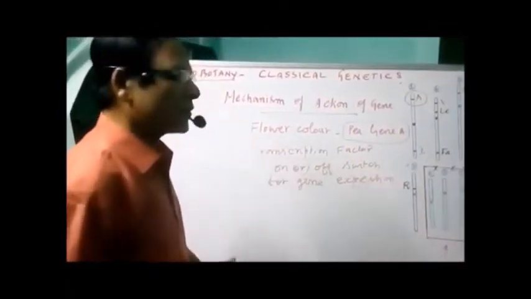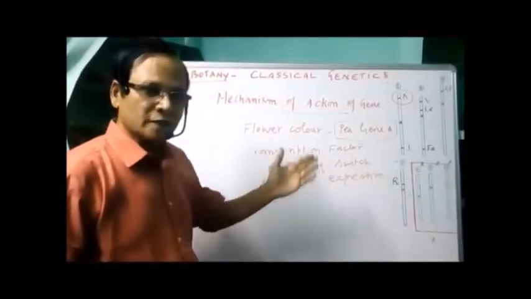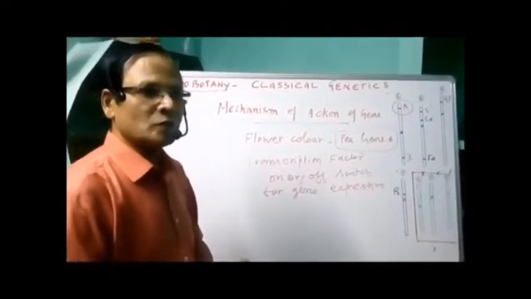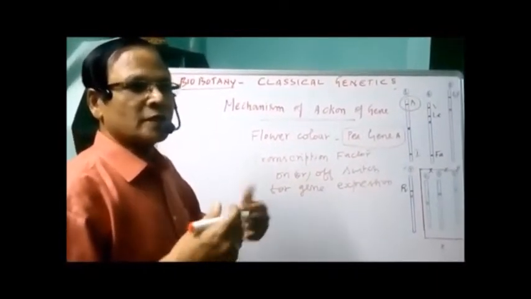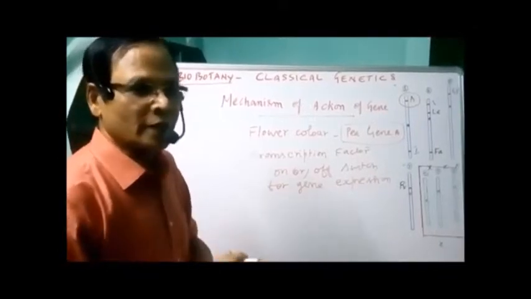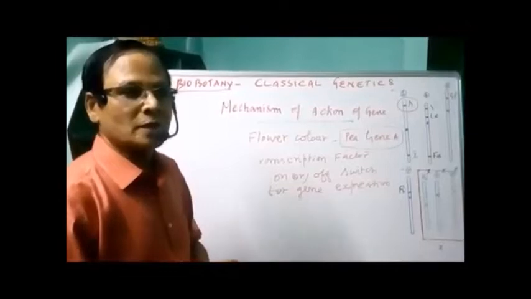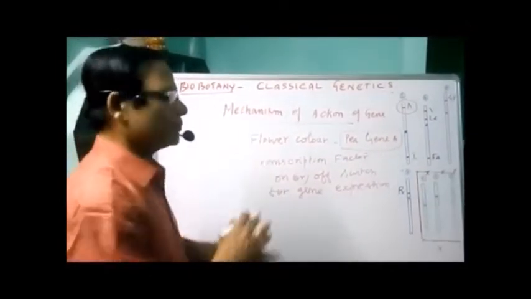When the transcription factor is present, it induces the transcription process, leading to the formation of messenger RNA, which is translated to form a specific enzyme. That enzyme is responsible for the formation of the color pigment anthocyanin. Then the flower becomes purple.